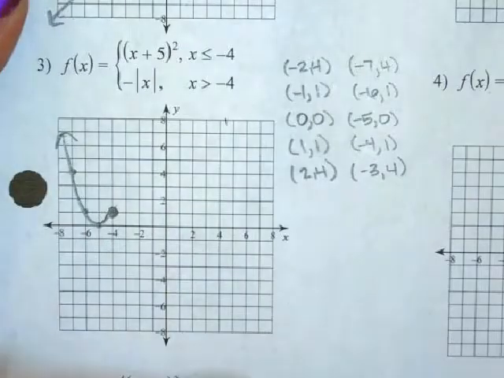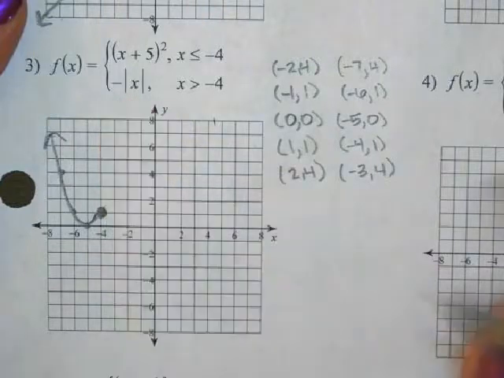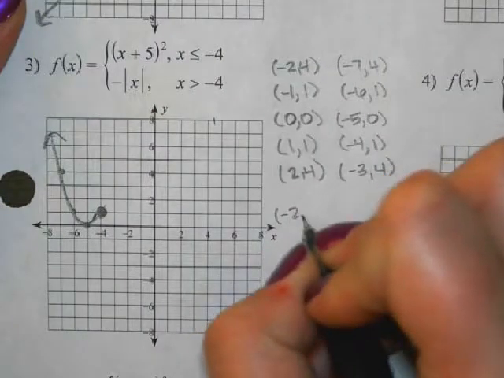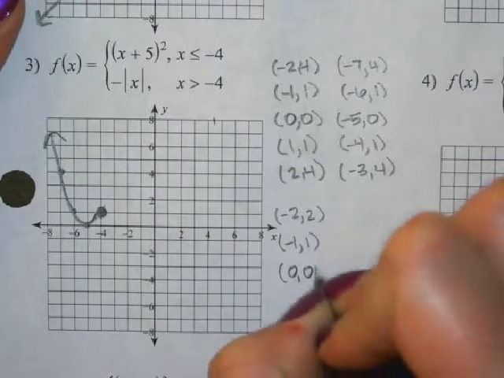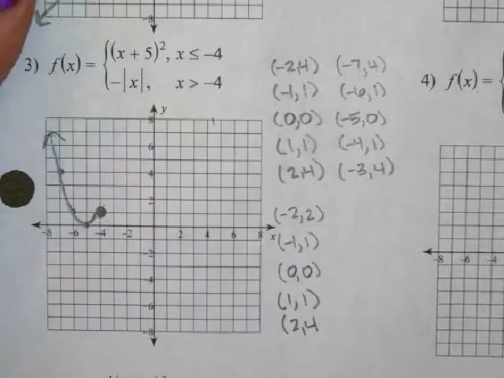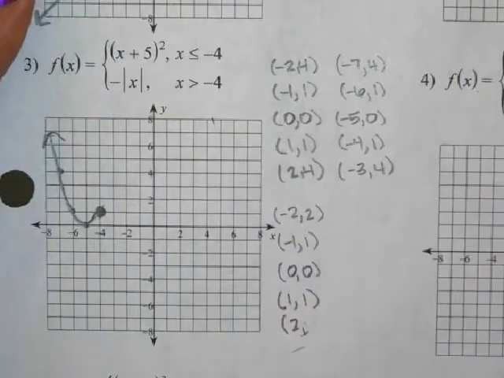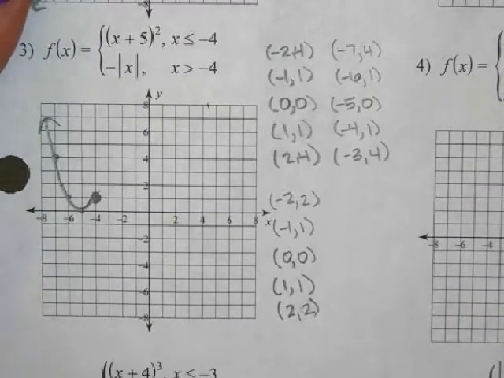Okay. And then our next parent function is absolute value. So I'm going to go ahead and write those points. 2, 2. And then what transformation is happening to these points?